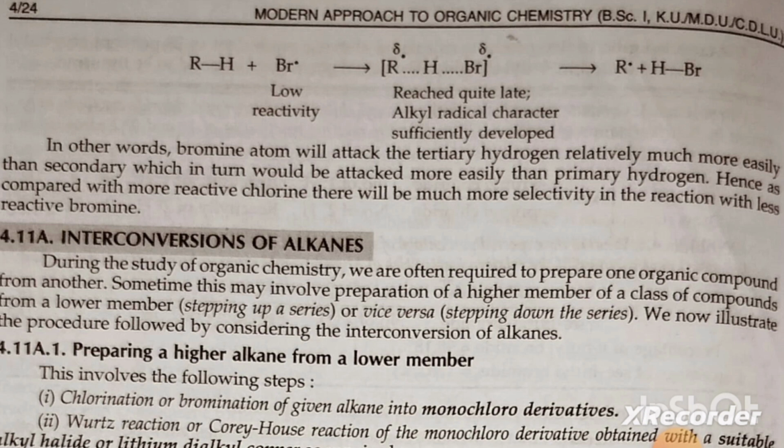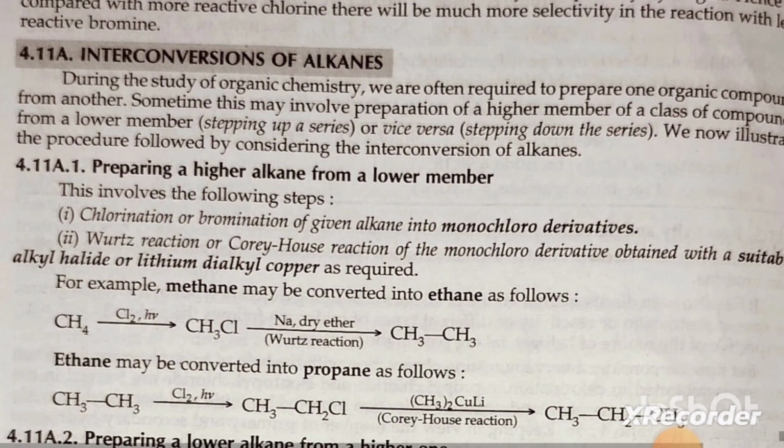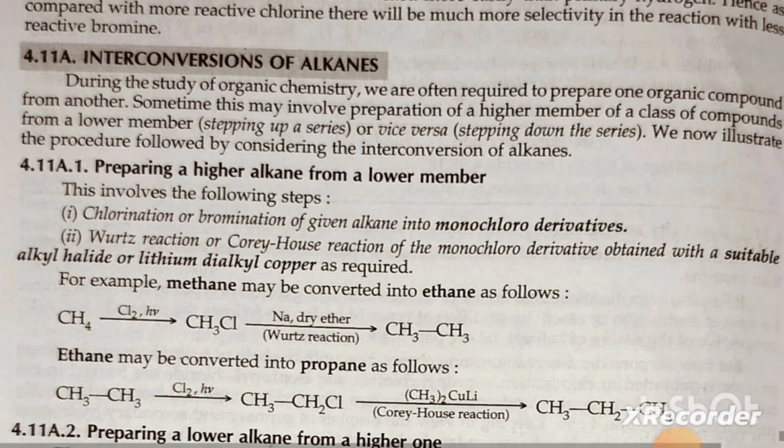First, preparing a higher alkane from a lower member. This involves the following steps. First, chlorination or bromination of the given alkane into monochloro derivative. Second, Wurtz reaction or Corey-House reaction of the monochloro derivative obtained with a suitable reagent.